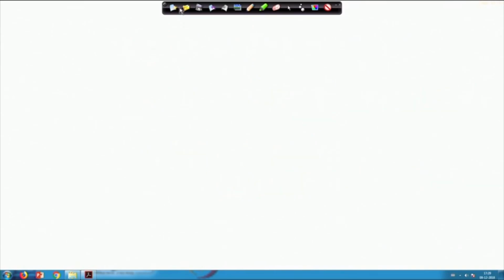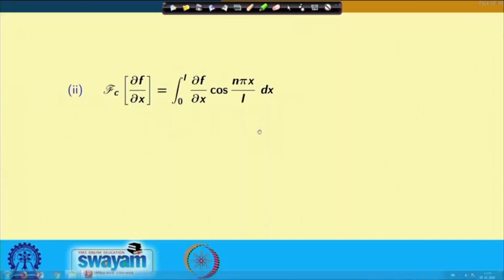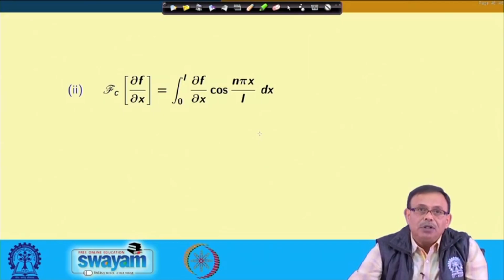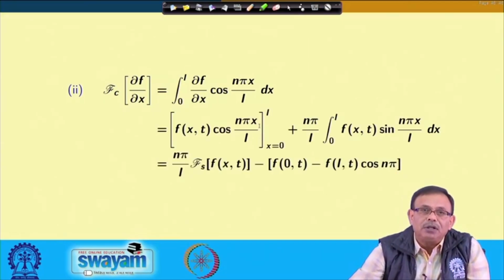So, if I go on quickly, putting the values, I will obtain n pi by L into the finite Fourier sine transform of f of x t minus the limiting value, which will not vanish, f of 0 t minus f of L t into cos n pi.